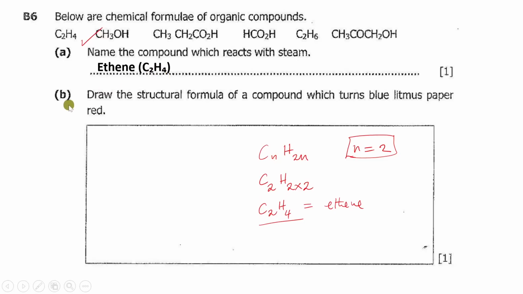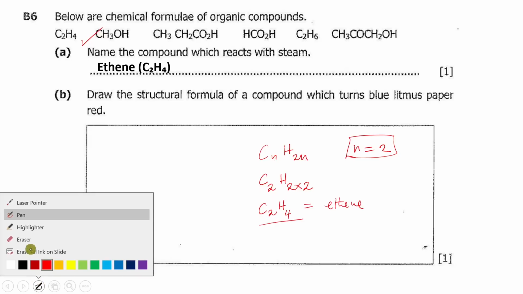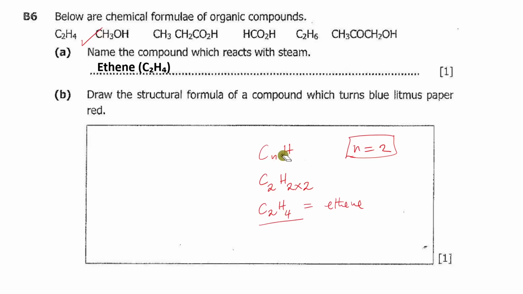Then B, draw the structural formula of a compound which turns blue litmus paper red. A compound which turns blue litmus paper red is an acid.